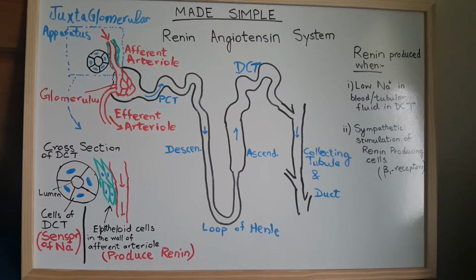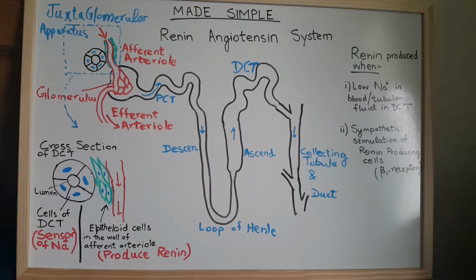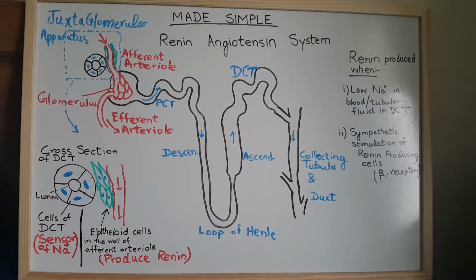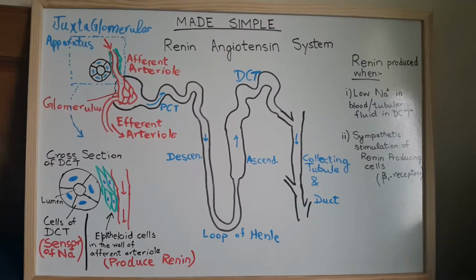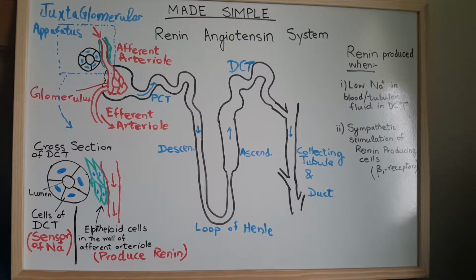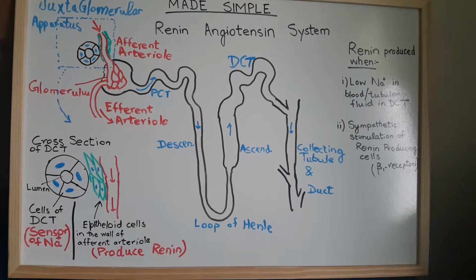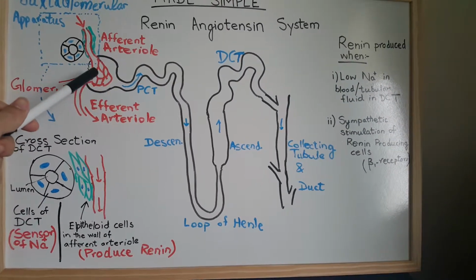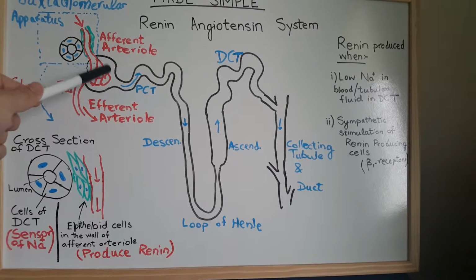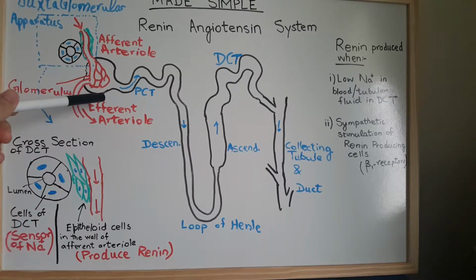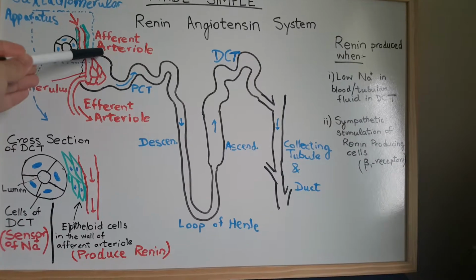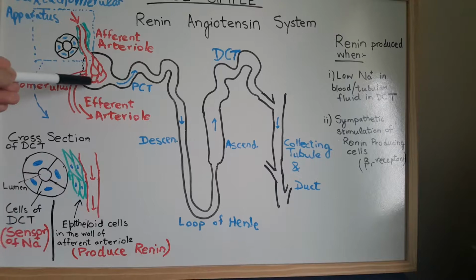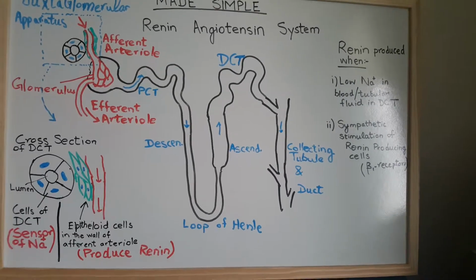Let's have a look at the nephron, which is a part of the renin angiotensin system. This is a schematic diagram of a nephron, which consists of the glomerulus, which is contained in the renal corpuscle. It is Bowman's capsule, which contains a tuft of capillaries called glomerulus.